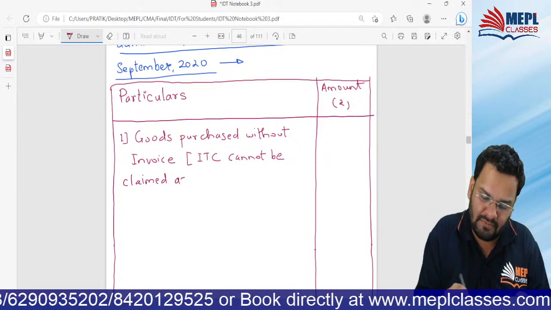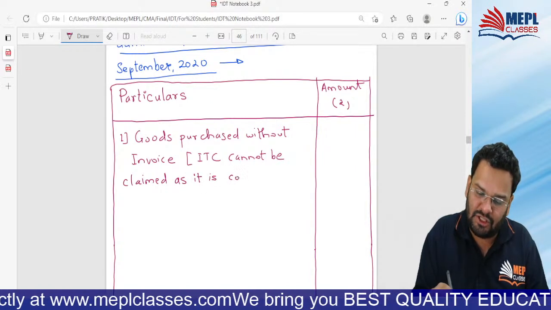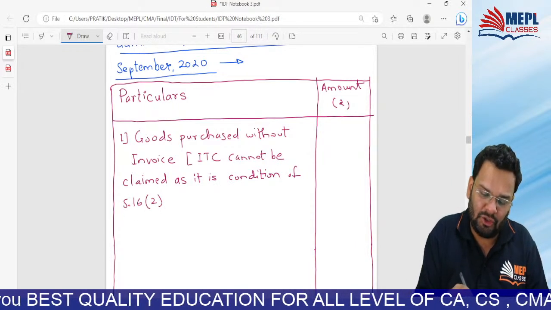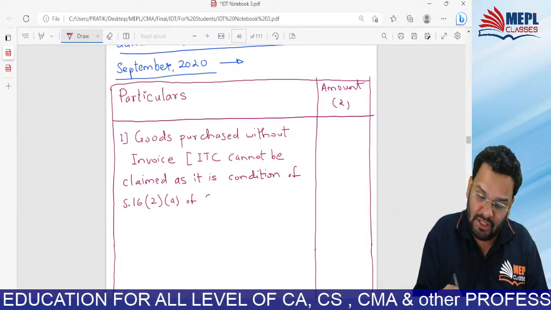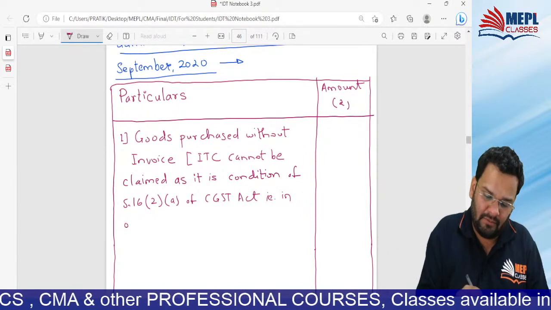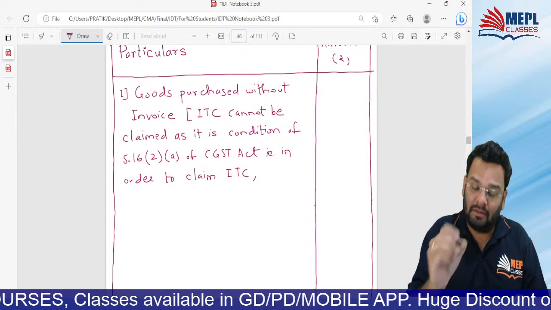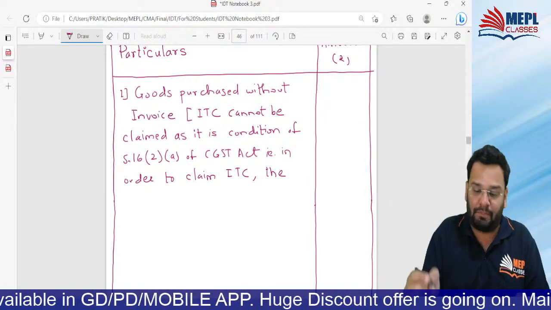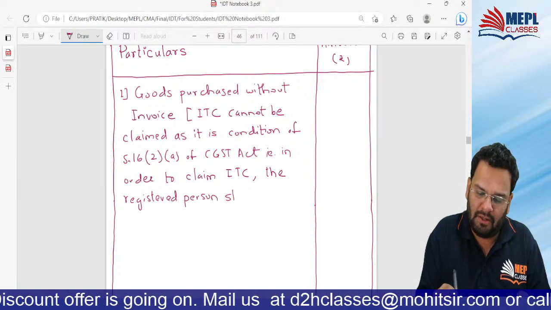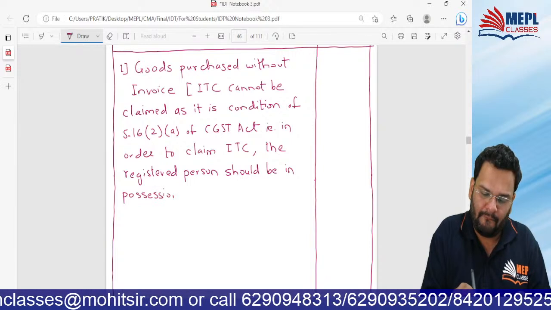ITC cannot be claimed as it is a condition of section 16 subsection 2 clause A of the CGST Act, that in order to claim ITC, the registered person, meaning the recipient of supply, should be in possession of invoice. Is it clear to all of you?